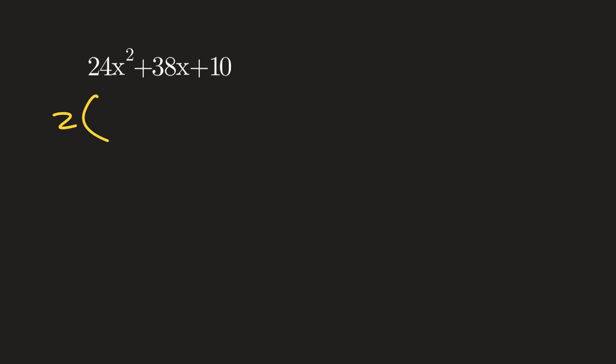So 24 divided by 2 is what? 12. 38 divided by 2 is 19. And 10 divided by 2 is 5. Try to get into a routine of grabbing that GCF first.